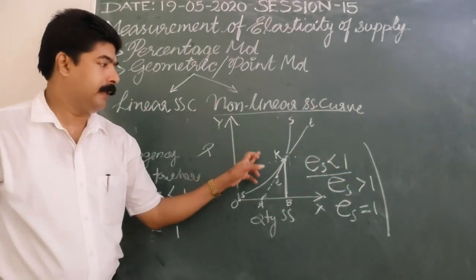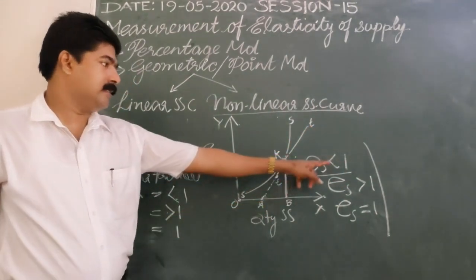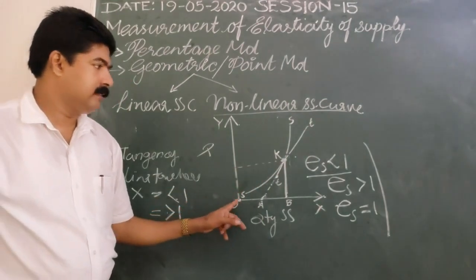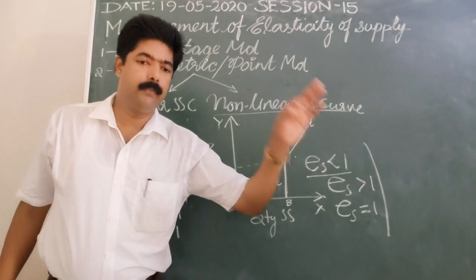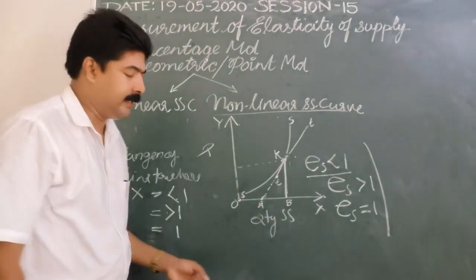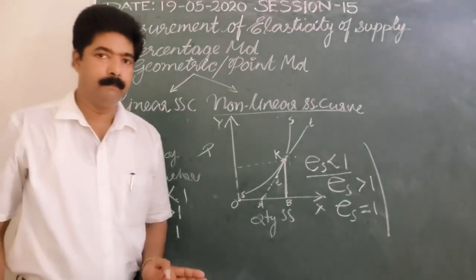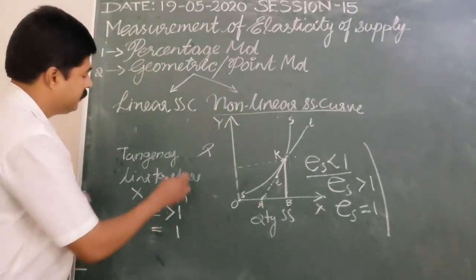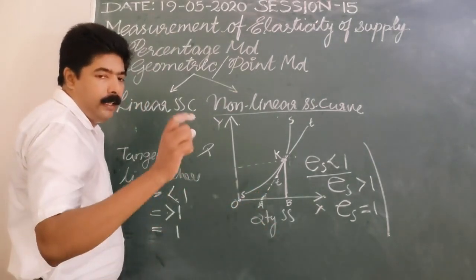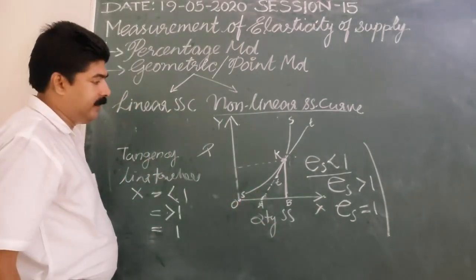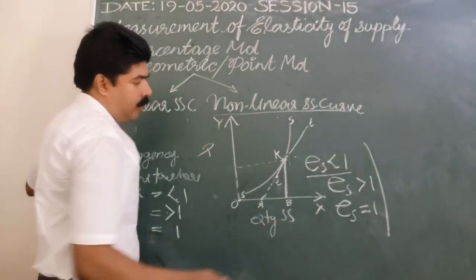In a non-linear supply curve, if the tangency line touches the x-axis, it is less than 1. If it passes through the origin, it is equal to 1, and if it touches the y-axis, it is more than 1. Clear? So you can just draw it, and note down these three points under this diagram. If a particular tangency line touches the x-axis, the value will be less than 1.